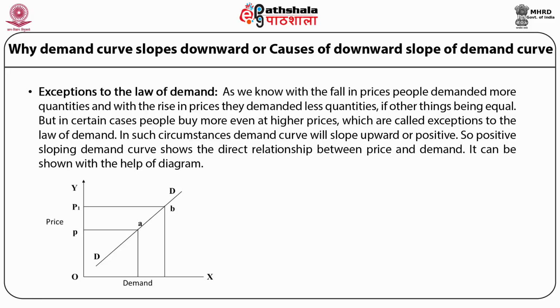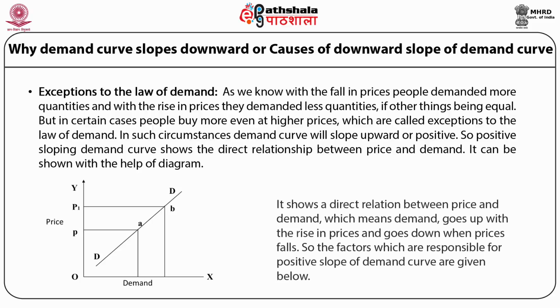So, a positive sloping demand curve shows the direct relationship between price and demand. It can be shown with the help of a diagram also. It shows a direct relation between price and demand, which means demand goes up with the rise in prices and goes down when prices fall.